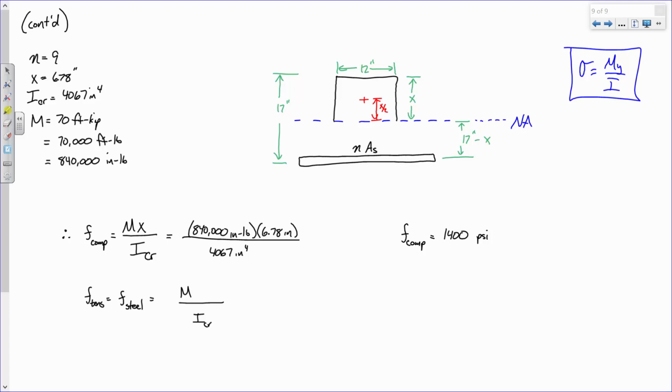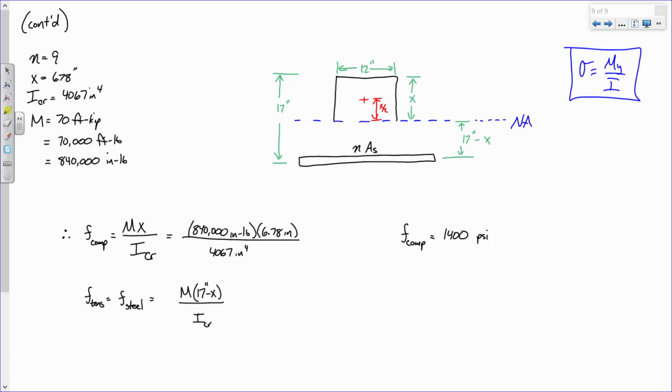Now, there is one other thing that we have to do, and it might seem a little confusing. So we'll say 17 minus x, but there's one other thing. Remember, we converted the steel into an equivalent lump of concrete, right? Well, in order to compute the stress in the steel, we have to make up for that conversion.